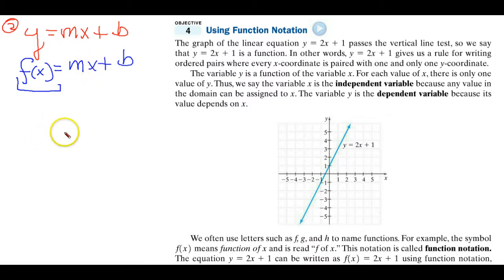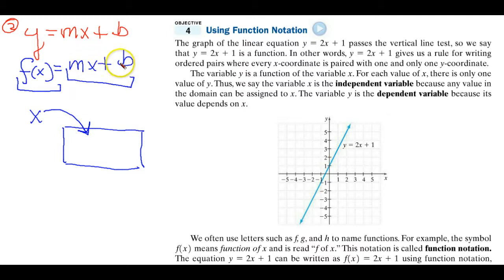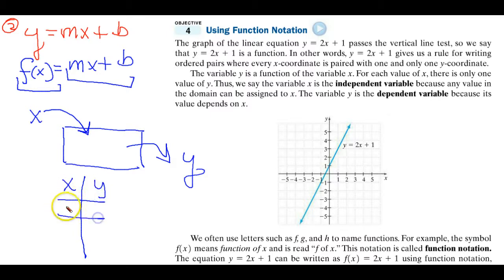So this is often shown sometimes using a machine of some type that's going to be in this box. We're going to put in an x value into the box, which is this expression here, work it, and what comes out of the box is a y value. And we used this throughout chapter 3 when we made our t-charts. We were putting in here x values, a -1, a 0, and a 1, and we were getting out y values.